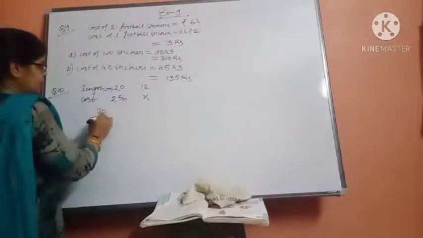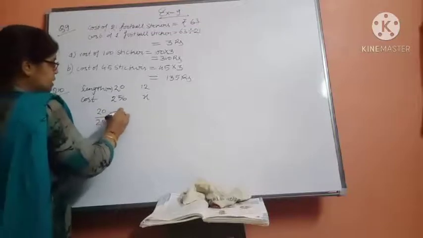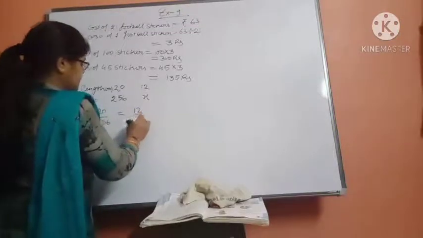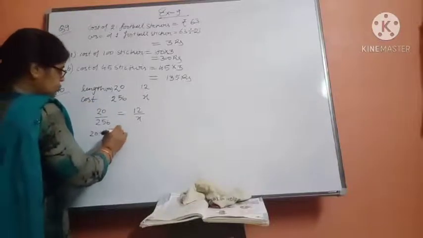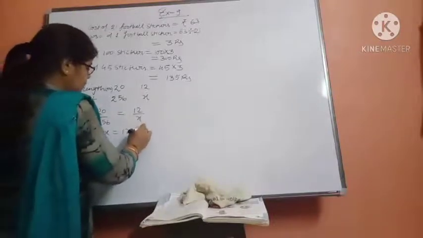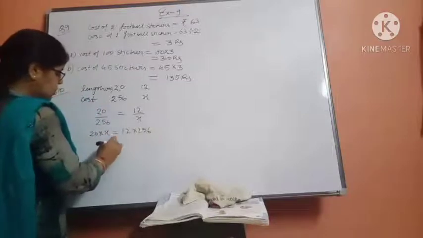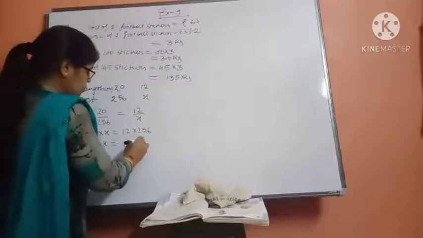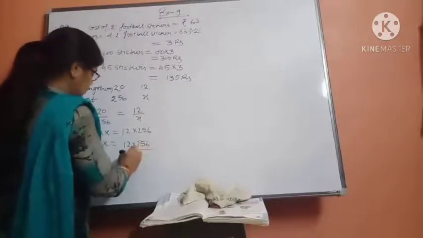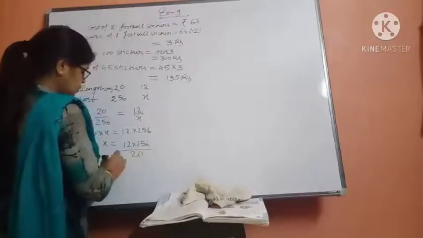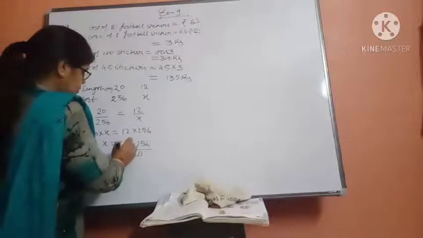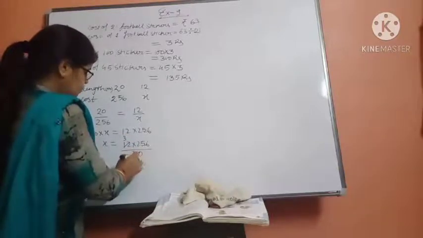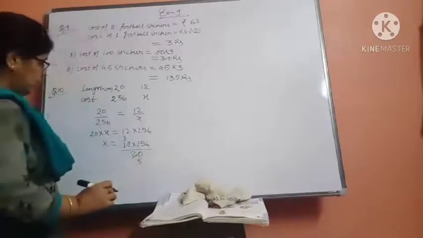20 upon 256 is equal to 12 upon x. So do the cross multiplication. 20 into x is equal to 12 into 256. So x is equal to 12 into 256 divided by 20. Make it cancel. 4 threes are 12, 4 fives are 20.